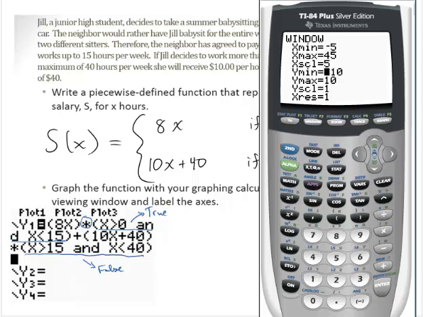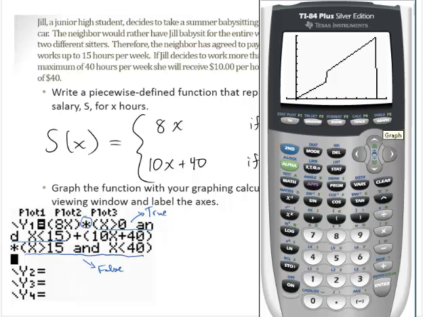The minimum is $0. Again, we'll go a little bit less. How about we go to -$10? And a maximum amount. Well, if she works the entire 40 hours, that would be 10 times 40 is 400 plus 40 is 440. Let's just go up to 450 for the maximum. And I'll use a scale of 50s. All right, let's graph it.